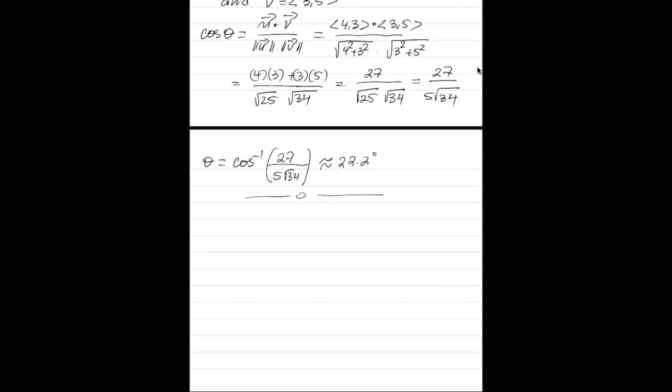All right. So with this formula, we have the angle between the vectors. We can write it in an alternative form, an alternative form of the dot product.